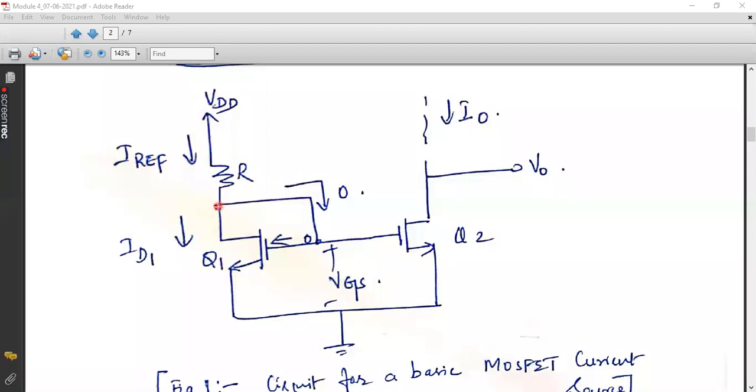And what about the voltage at this terminal? It is equal to VGS, because this is shorted. So the voltage at the drain terminal is equal to the voltage at the gate terminal, that is VGS. So the potential difference is VDD minus VGS divided by the resistance R, that is nothing but your reference current IREF, which is subsequently equal to ID1.